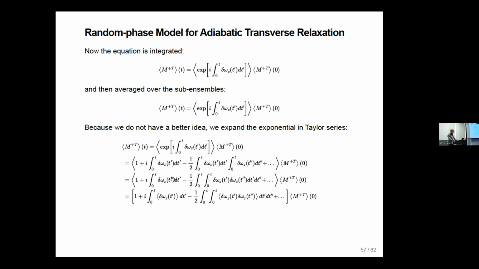And finally, in the final line, the average of a sum is the sum of the averages. Averaging is just addition, so addition commutes with addition. And integration is just addition, so averaging commutes with integration. So I've moved all the angle brackets inside of the integrations.